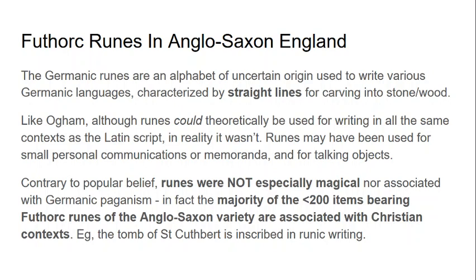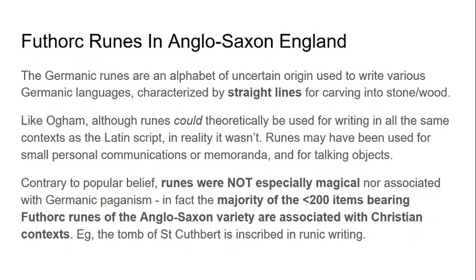The Germanic runes are an alphabet of uncertain origins which were used to write various Germanic languages, and the runes are characterized by having straight lines which are quite useful for carving into stone or into wood. So like Ogham, although the runes could in theory be used for writing in all of the same contexts as Latin script, in reality runes didn't usually penetrate most contexts of writing.